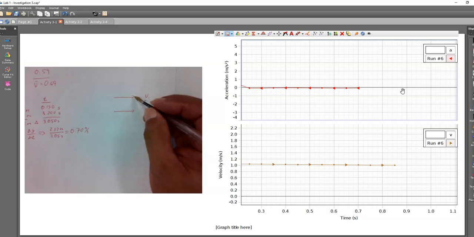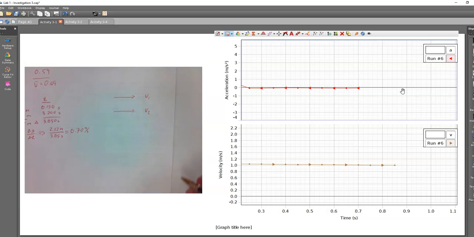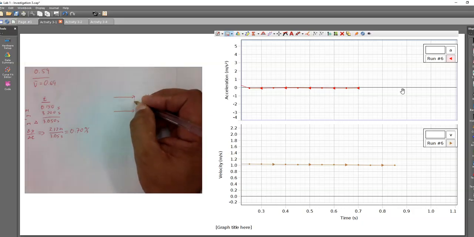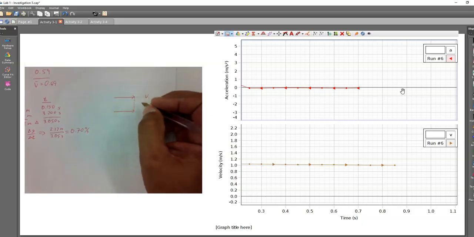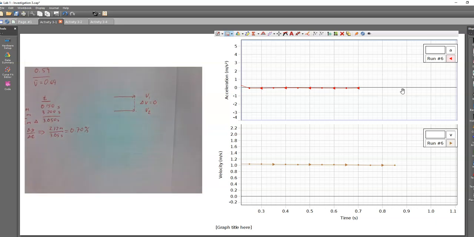What do I have to do to go from the head of this arrow to the head of this arrow? Well, no, I'm just stacking them one on top of another. As far as the lengths are concerned, they're the same length, right? So therefore, the change in the velocity, delta v, would be 0. Does that make sense now, guys?